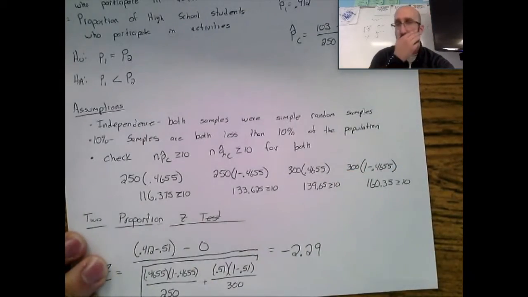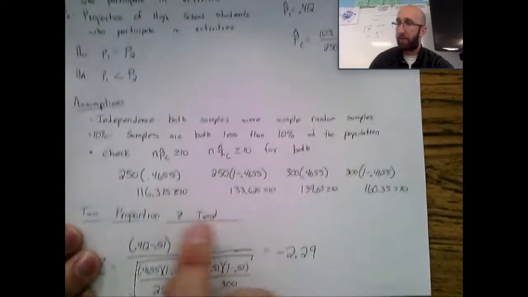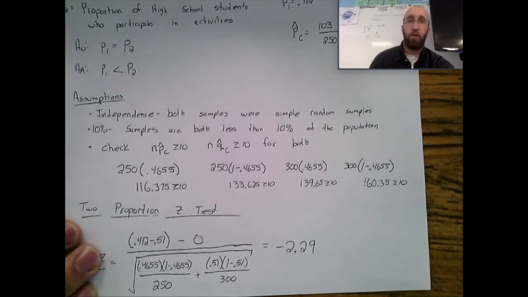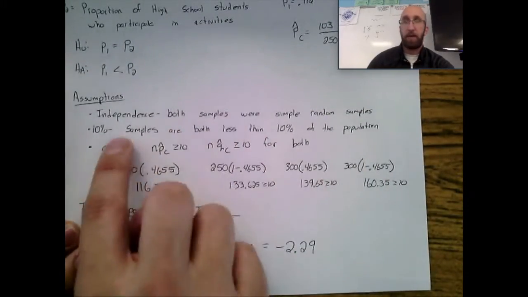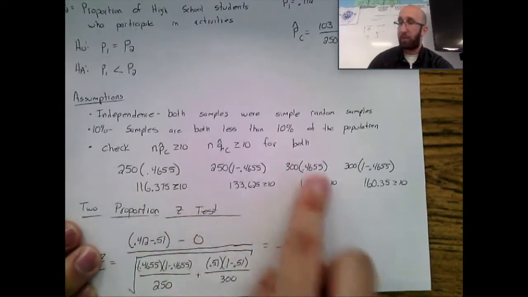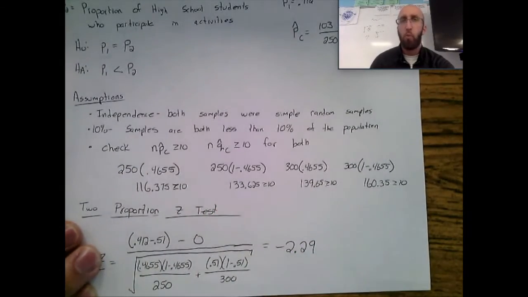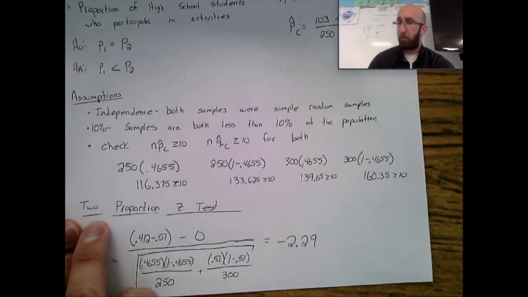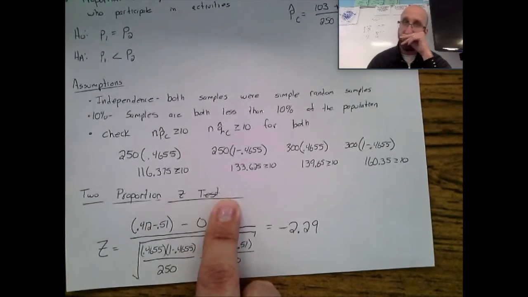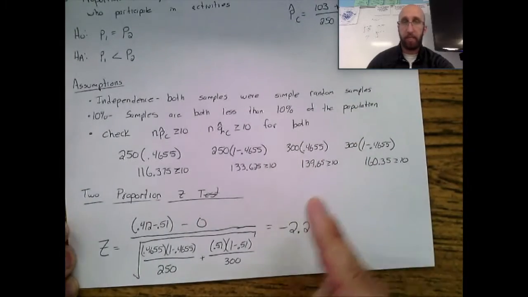I already did the math with my p hat c, and it works for all of them. Because all these are met, independence, 10%, and a large enough sample, we can move forward with our two-proportion z-test.